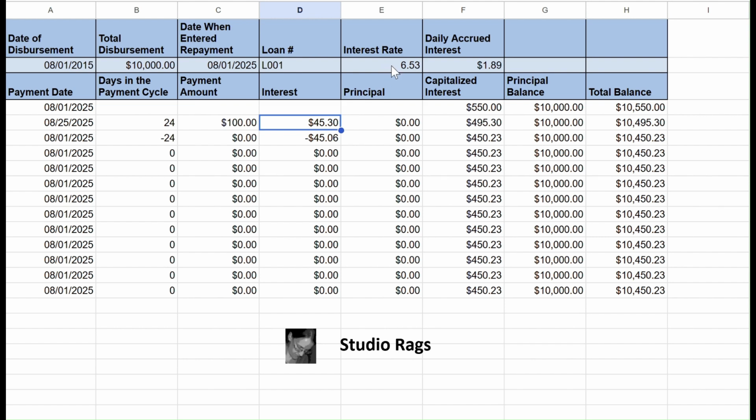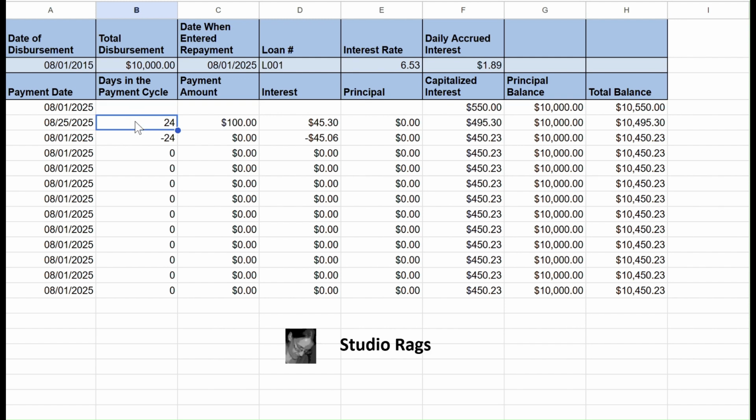So the interest rate is 6.53, but in the formula it's 0.0653. That's divided by 365, which is the total number of days in the year. If you're using this calculation for a leap year, remember to change that to 366 days. And then that calculation is multiplied by the total number of days in the payment cycle.